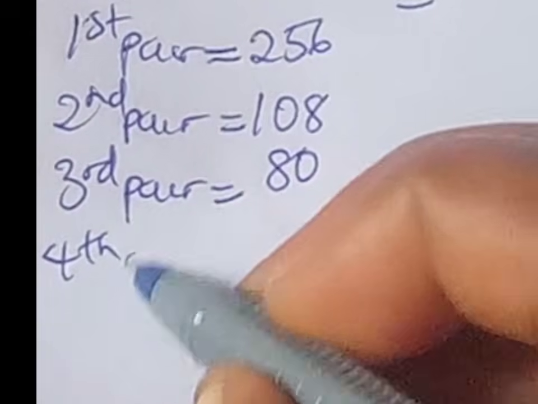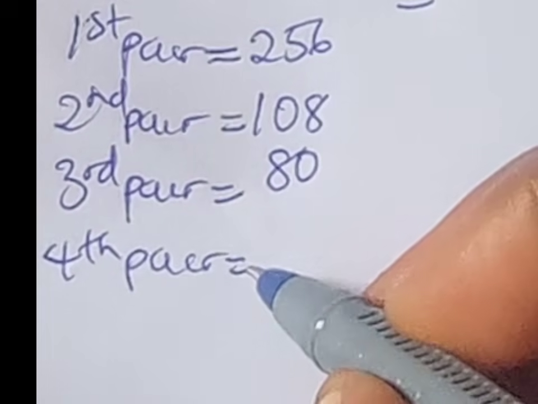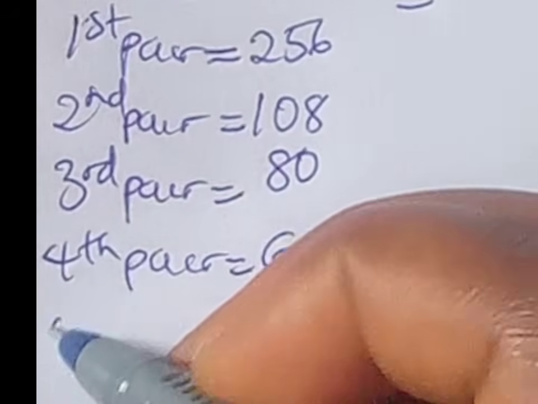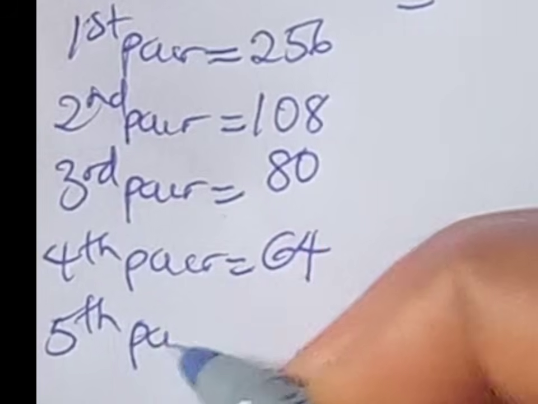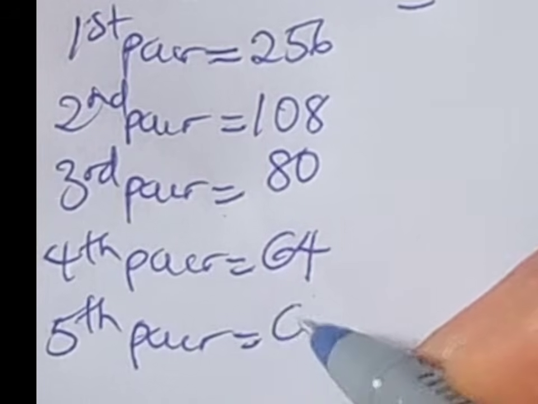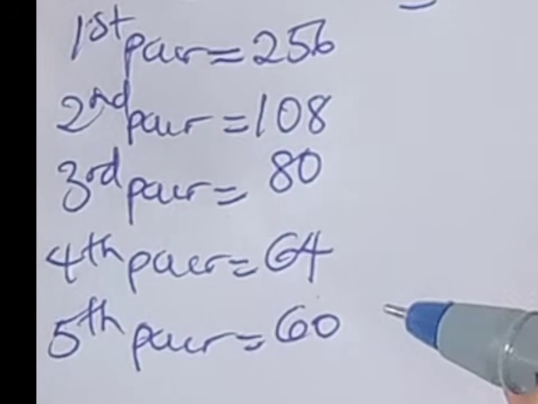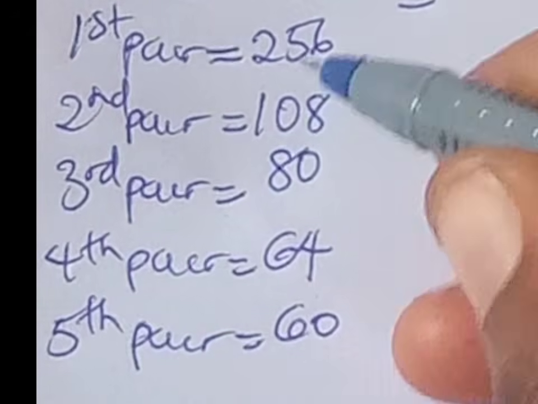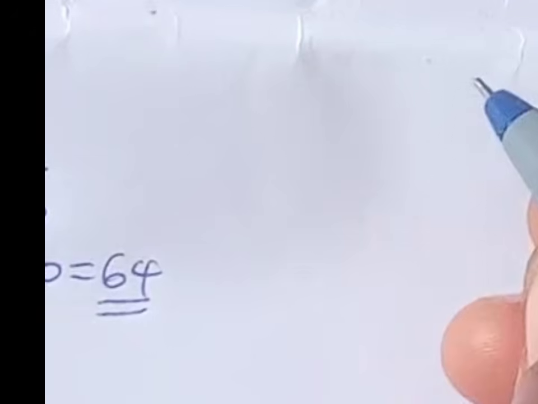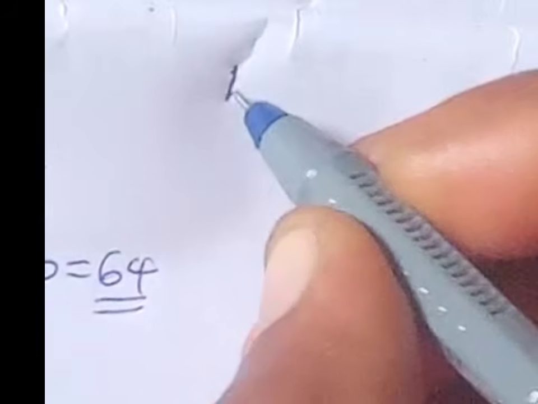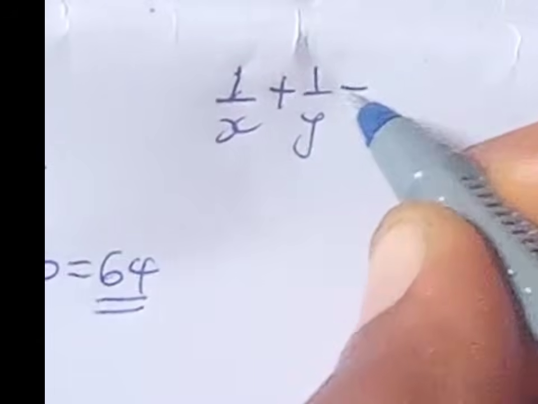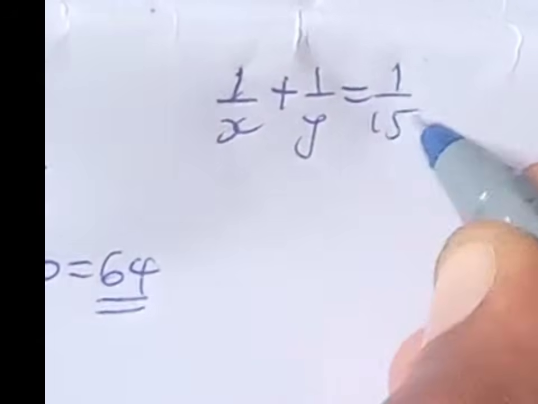Our fourth pair gave us x plus y equals 64. Finally, our fifth pair gave us x plus y equals 60. The question before us is, which of these is correct. Our original equation, which says 1 over x plus 1 over y equals 1 over 15.